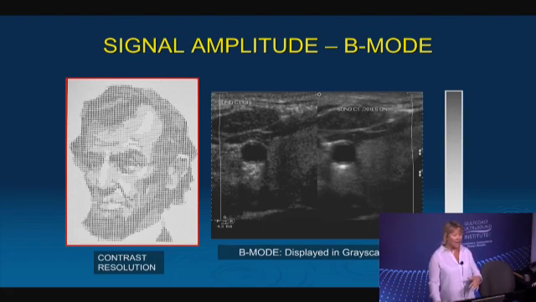But now I add in more shades of gray, some that are completely white, some completely black, but also varying shades of gray, medium and low level shades of gray, plotted at specific points, XY coordinates, to highlight the features of his face. You now have enough detail to say, not only is that a picture of somebody's face, but that's a picture of Abraham Lincoln. That's what grayscale does for us in ultrasound. The more shades of gray, the better detail that you have; we refer to that as contrast resolution.